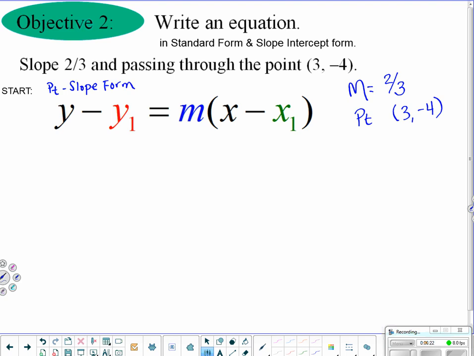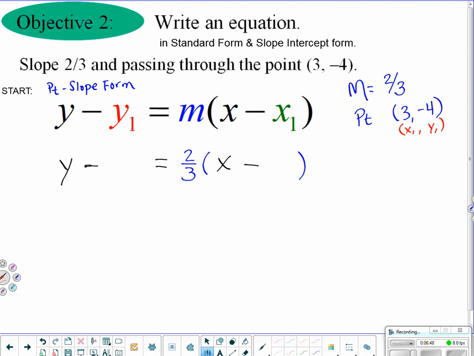So we're going to plug in our slope. And for the slope, I'm putting in 2/3. This x value has got to stay x, so it's a variable. And my y over here is going to stay y. We have minus and a minus on both spots. Now, y1, x1, y1, x sub 1, coming from our ordered pair that they gave us.